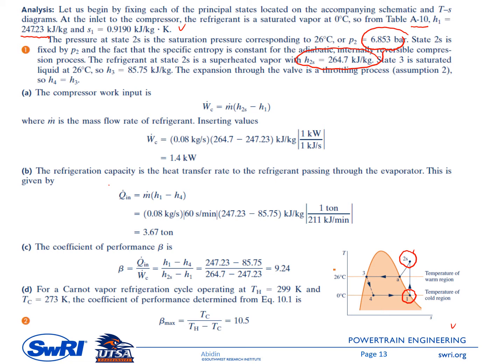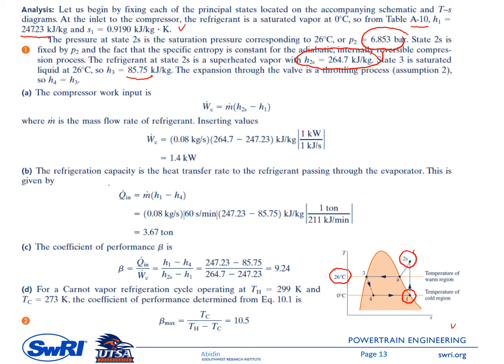The temperature is given as 26 degrees C, and state 3 is saturated liquid. So in this case, H3 equals Hf at 26 degrees C. You use the same table, table A10, looking at Hf at 26 degrees C, and the number there will be H3, which is 85.75 kilojoule per kilogram.